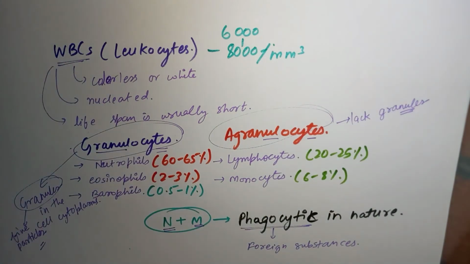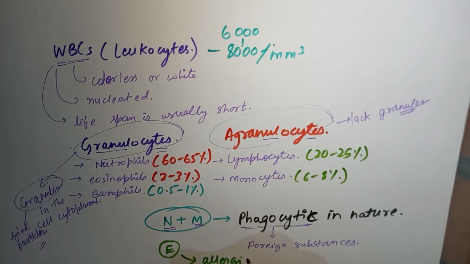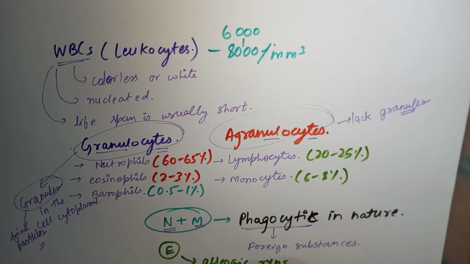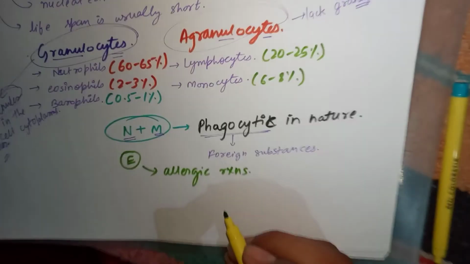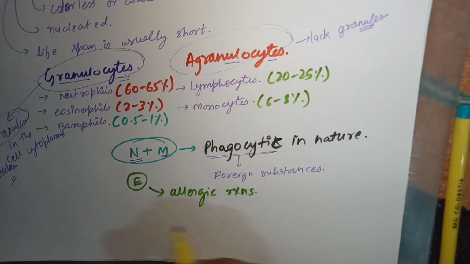And the others, like our eosinophils, are responsible for the inflammatory reactions and the allergic reactions of the body, and they also resist infections in our body. So it is involved in the allergic reactions, and it resists infections.